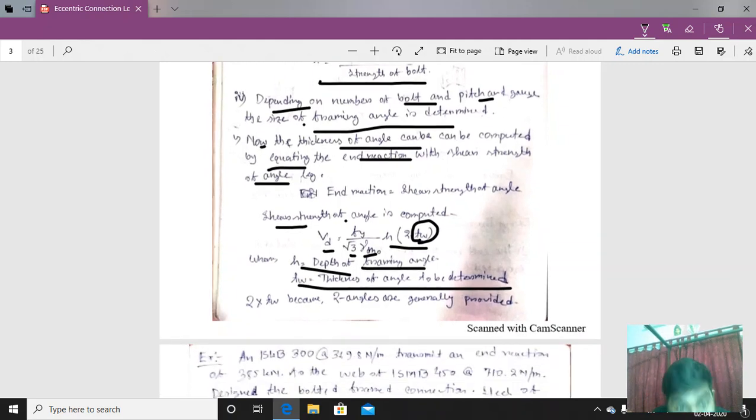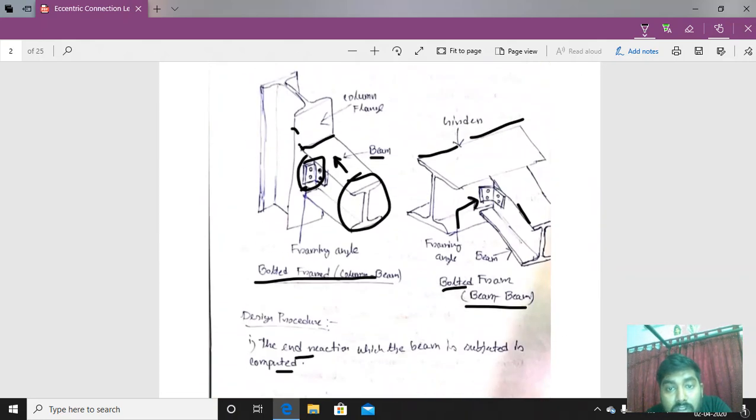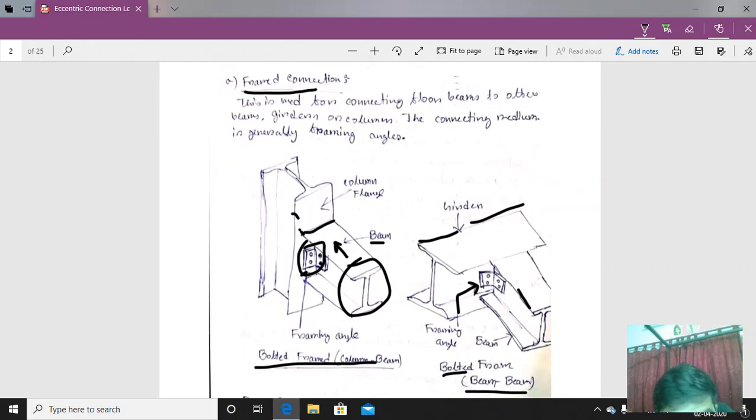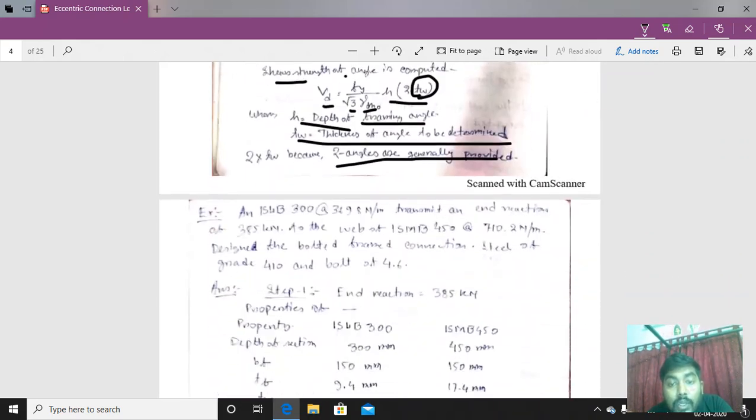Now the question is, why is it 2 into Tw? Because two angles are generally provided. If you see the picture, here it is one angle, and on this face there is another angle. Similarly here, on this face, another angle is to be provided. So for two angles, the shear strength has to be taken as 2 into Tw.